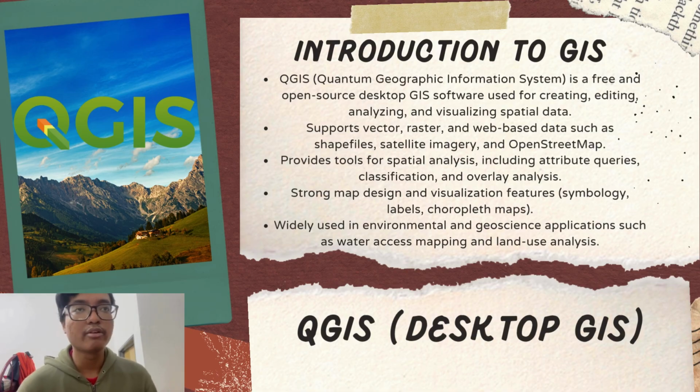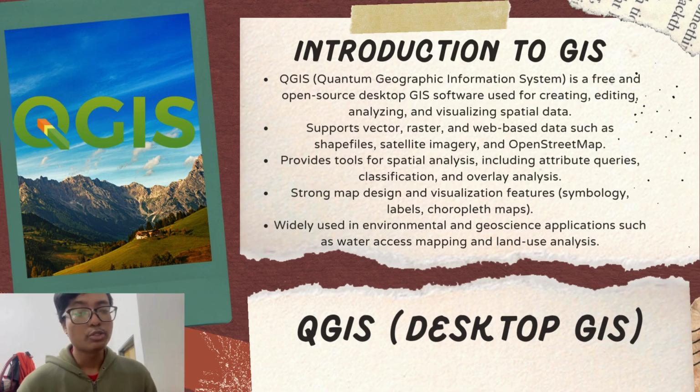This software will help to create strong map design and visualization that can be easily understandable even by amateur eyes. It is also easy to incorporate symbology, labels, or create choropleth maps, which is the type of map that we are using in this project.